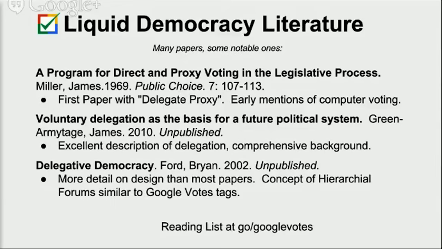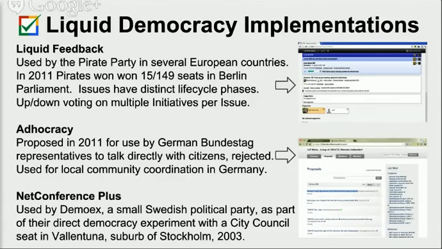Then also another paper I mentioned, just because this is the paper that seemed to have the most details on how would you actually build such a system. And it has this concept of hierarchical forums, which is kind of similar to the concept of Google Votes tags, which I'll introduce. There are several implementations out there of liquid democracy. The most famous is LiquidFeedback, which is used by the Pirate Party.